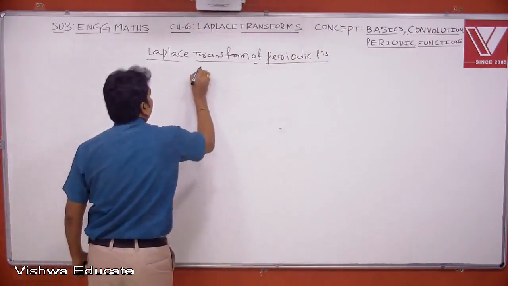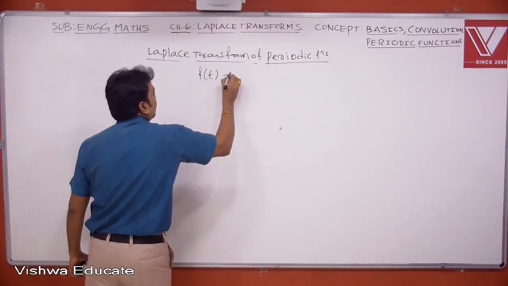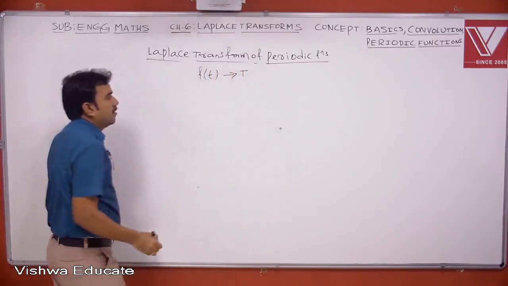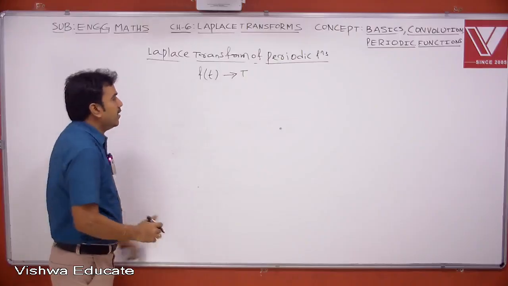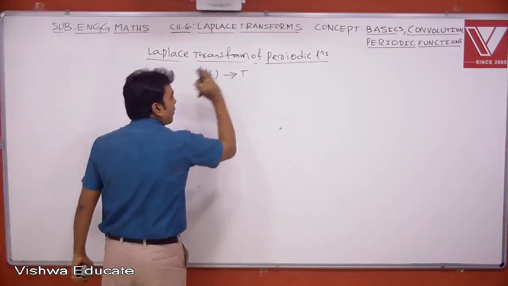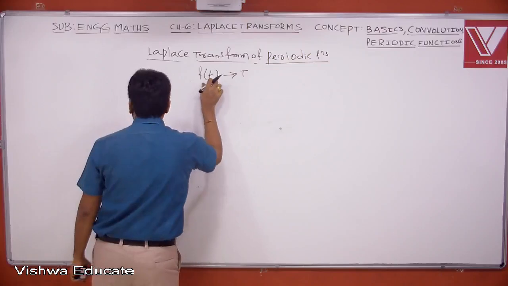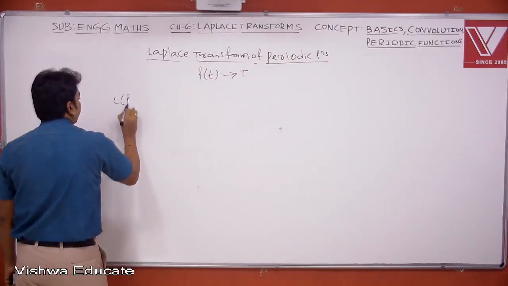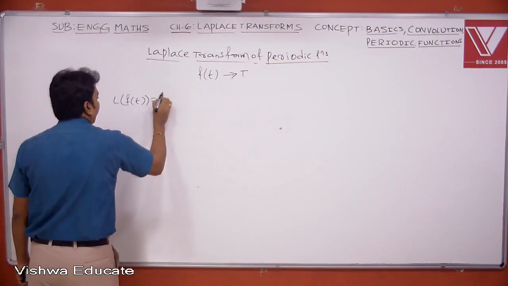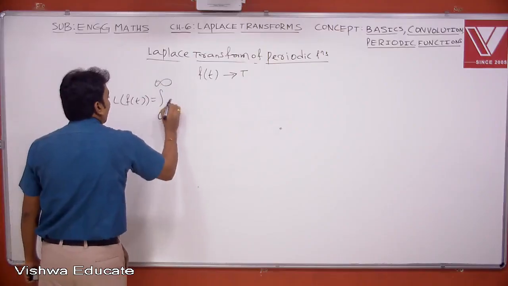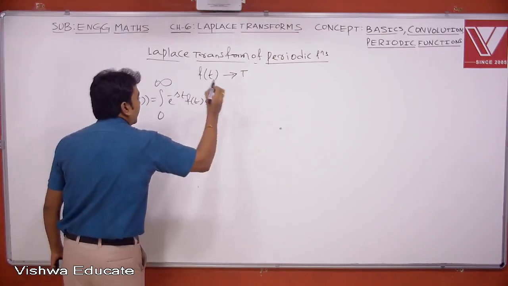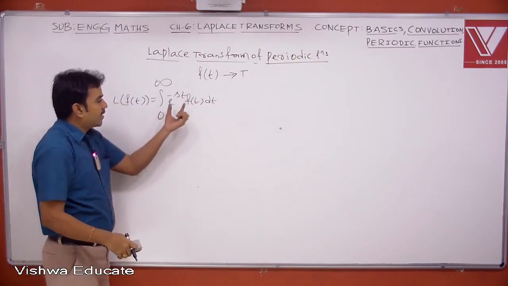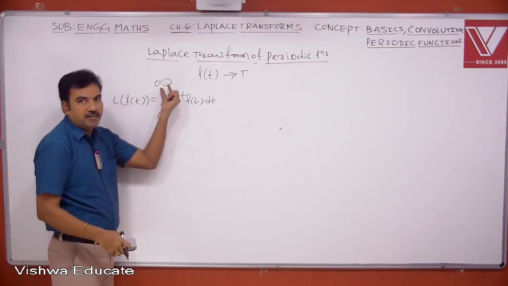Suppose we have a function f of t whose period is capital T. In that case, its Laplace transform looks different. Suppose it is not a periodic function, then its Laplace transform is the integral from 0 to infinity of e power minus st into f of t dt. That means we are integrating this function from 0 to infinity.